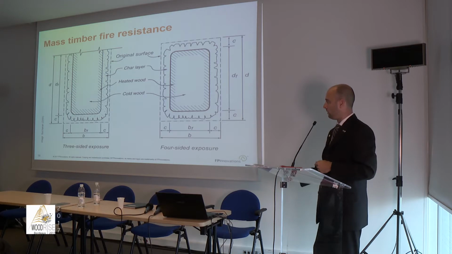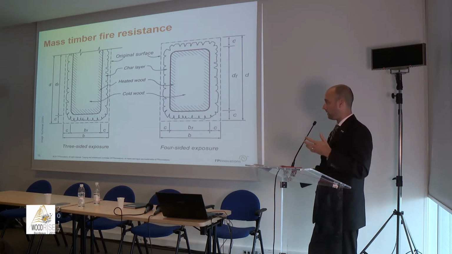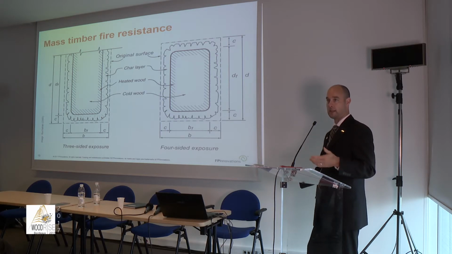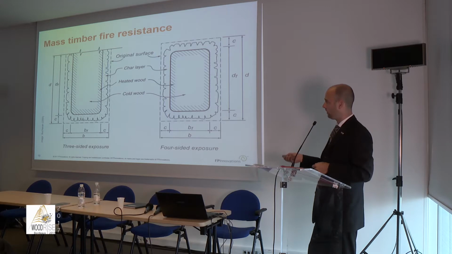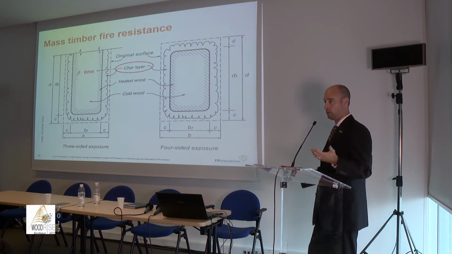The concept of the reduced cross-section is not necessarily new for those who do structural analysis on a daily basis. We have an initial cross-section, a depth and a width of an element, and then we can determine the charred layer.